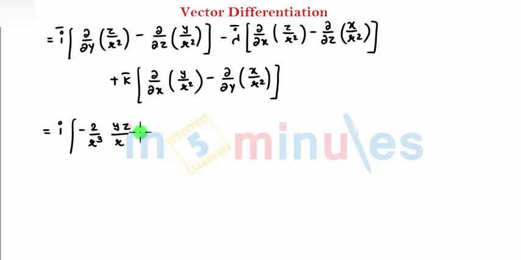Next is minus, here when you differentiate with respect to z, already minus is there, so this becomes plus 2 by r cube, and further it will be z by r, because with respect to z, so zy by r. Both terms get cancelled and this will be nothing but 0.